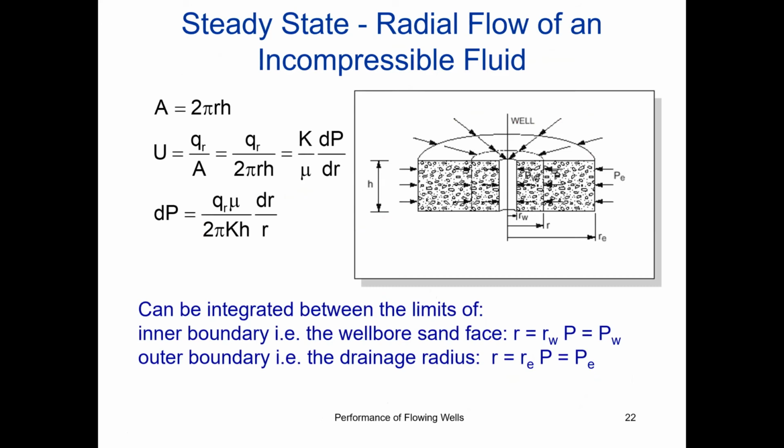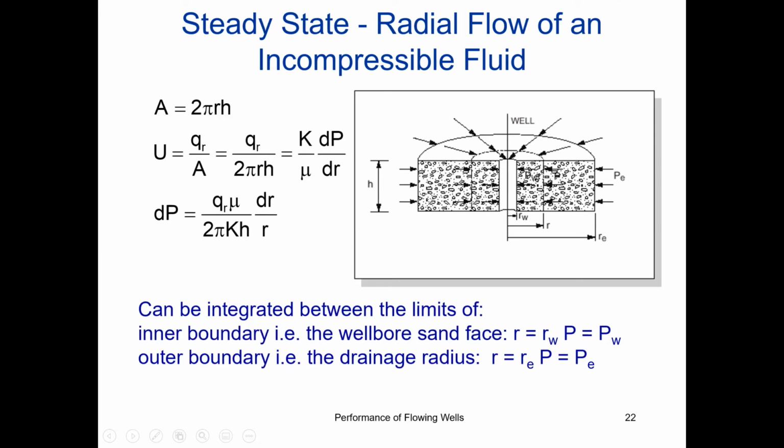So we can write the equation of flow based on radial flow. We can write the area equal to the surface area of this cylinder, which is 2 pi r h.